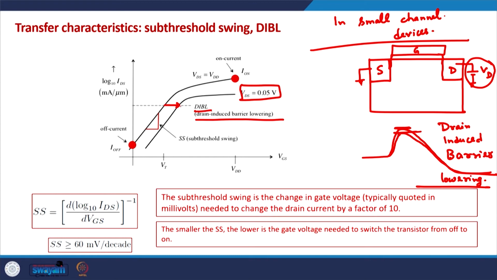If the drain voltage is applied, it reduces the threshold voltage. It means that for high drain voltages, the characteristics are on the left side, because the drain is now helping the gate to create a channel.